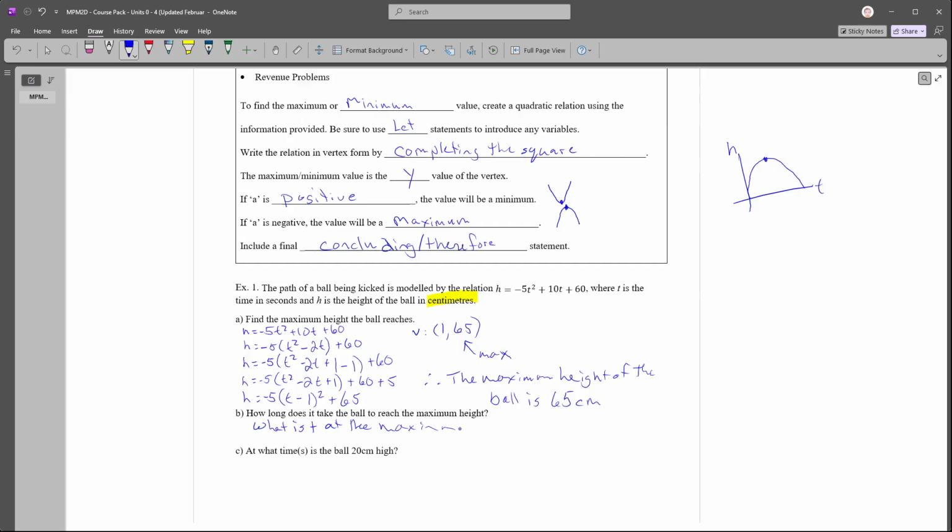So we don't even have to do any calculations here. We simply need to look at the vertex, and we can see that it takes 1 second. So our answer is, it takes 1 second, which makes more sense for the 65 centimeters now. It takes 1 second to reach the maximum height.